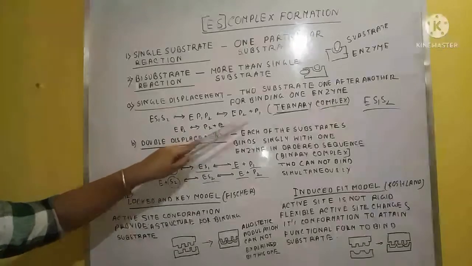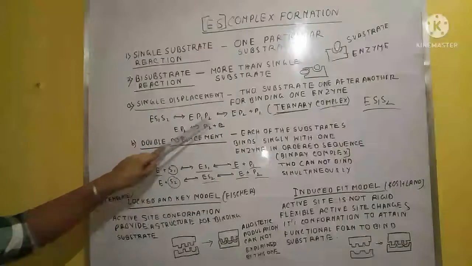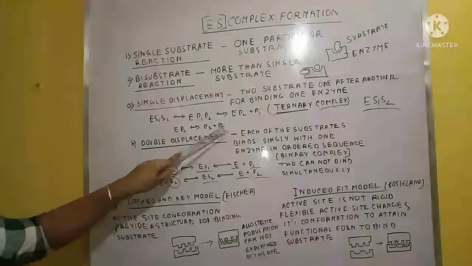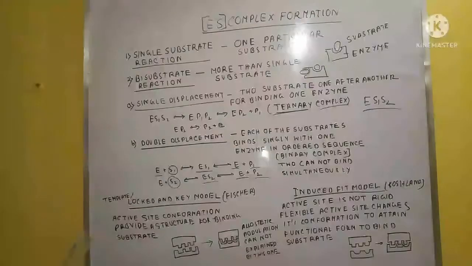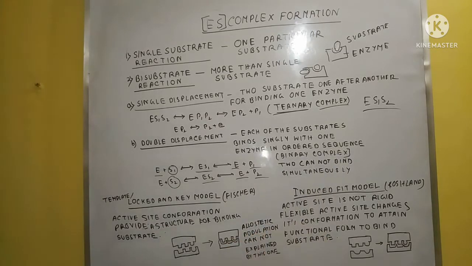EP2 again breaks to form P2 and E, and now E is free. Here the ternary complex is formed, but in double displacement the two substrates cannot bind with a single enzyme simultaneously, so a binary complex is produced.